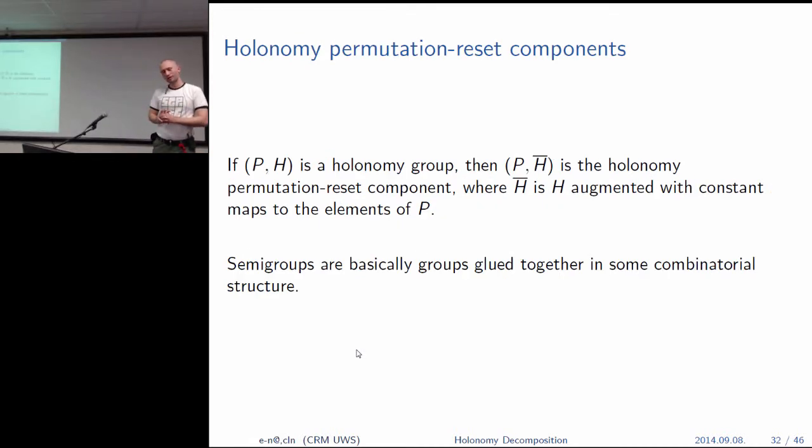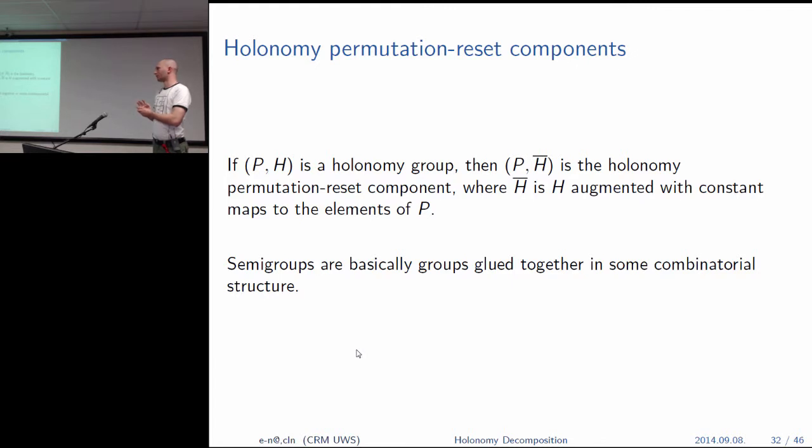One more thing. Semigroup theory is basically about groups glued together in some combinatorial structure. And the holonomy decomposition shows that exactly. Because, as I said before, in order to find the components of the decomposition, we have to find these holonomy groups. That's not quite true, because we have to find them, but that's not enough.